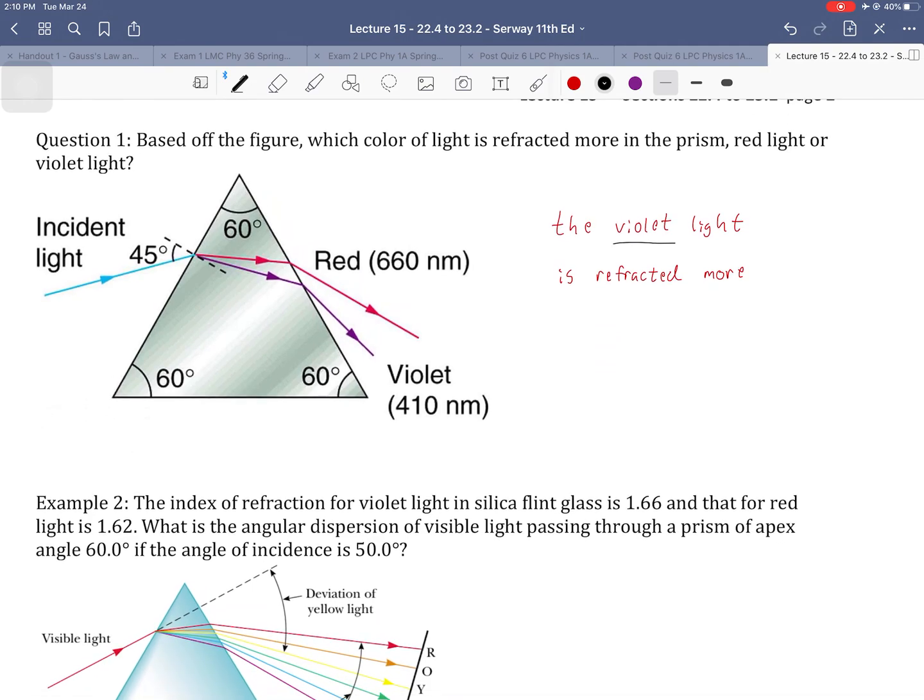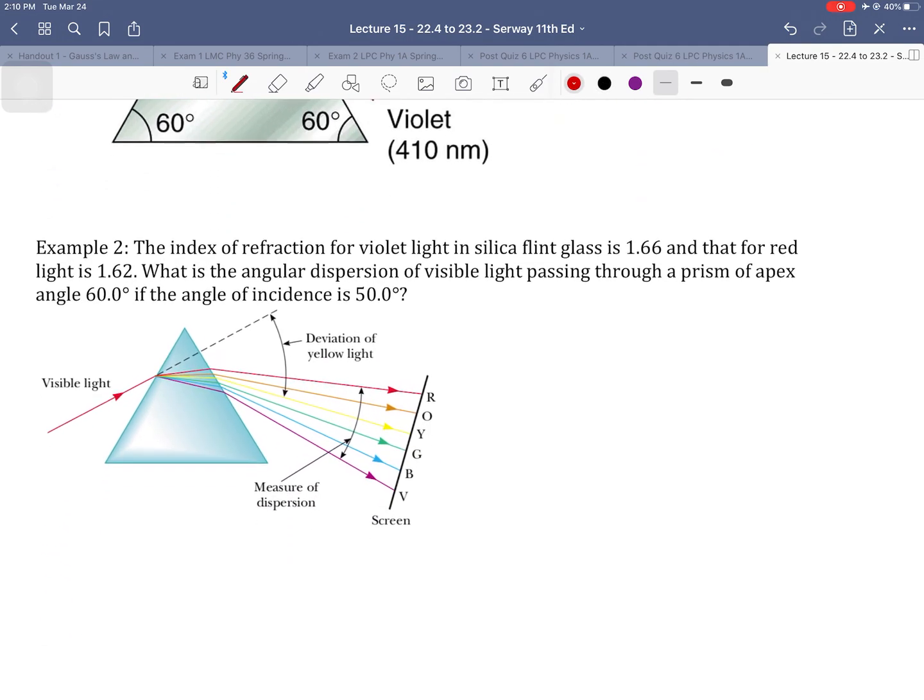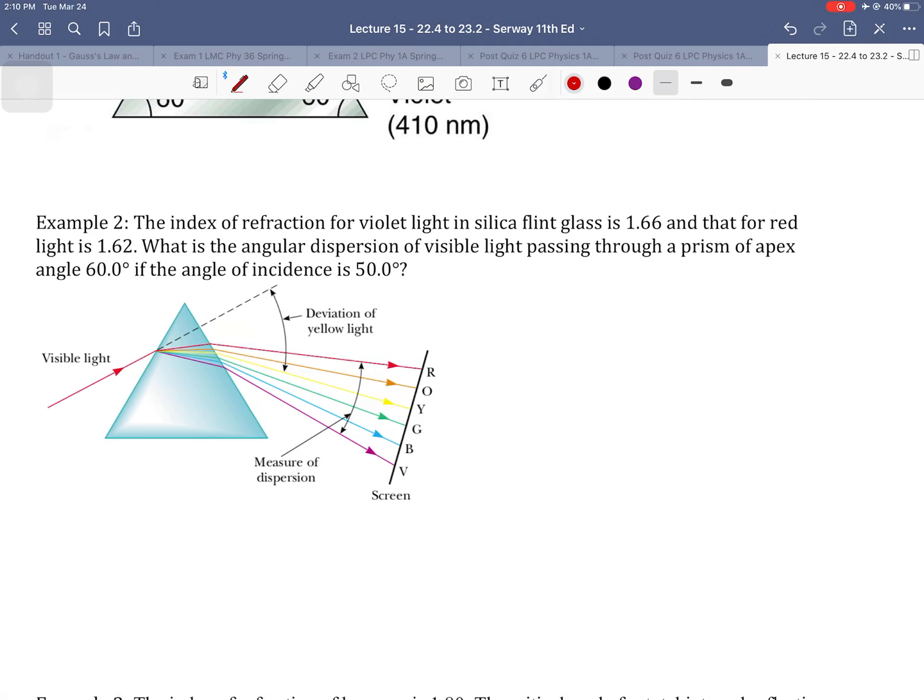All right, so let's actually look at a computational example that involves the dispersion of light. The index of refraction for violet light in silica flint glass is 1.66, and that for red light is 1.62. These are like values that we saw in the figure on the previous page.